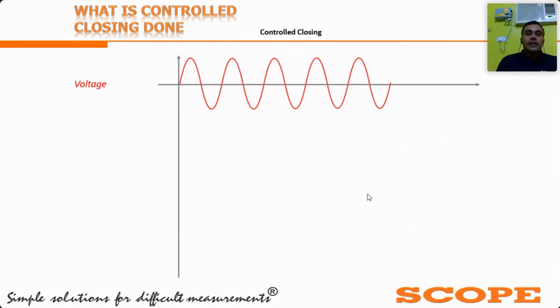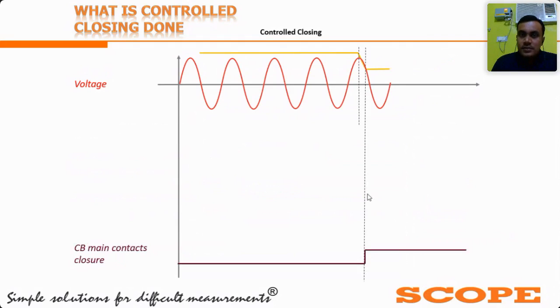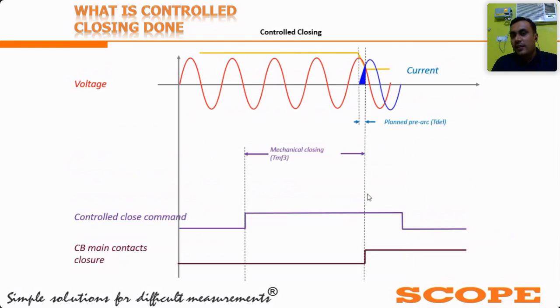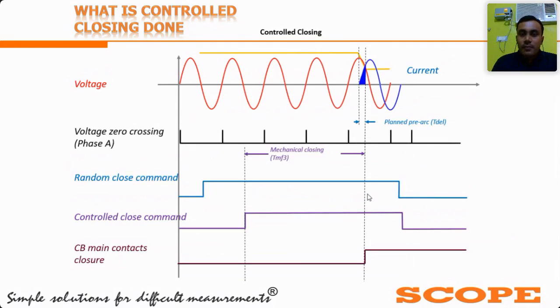In the closing condition, initially for closing we have only voltage as a reference, so here you can see the voltage graph, because as an input, we have to provide the bus voltage to the CSD relay. That is the bus voltage through which that equipment is going to be charged.